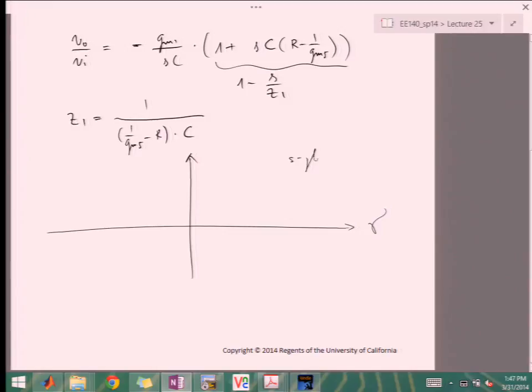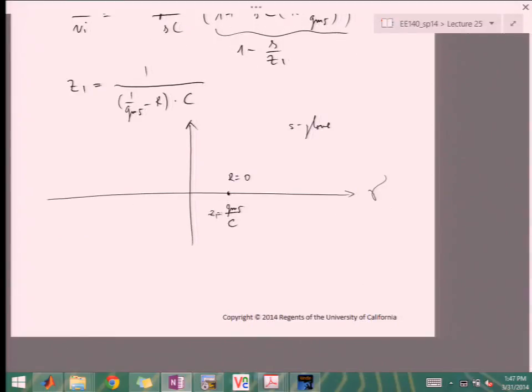So if we just draw that diagram, the possible locations of the 0, so this is the S-plane. If R equals 0, we get what we had, which is GM5 over C. Then if R increases, if R is greater than 1 over GM5, then this piece becomes negative.